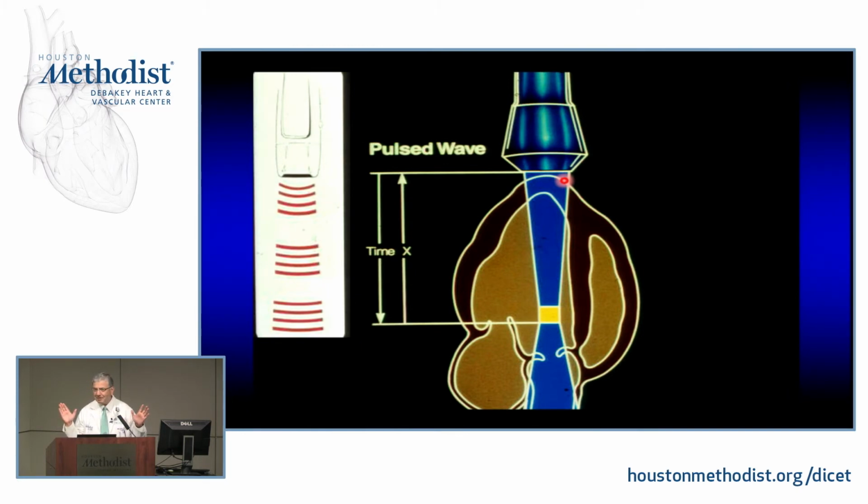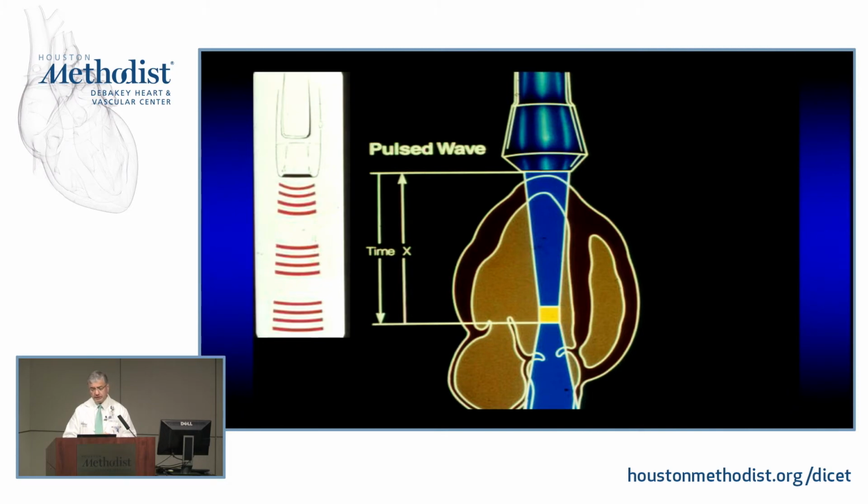Okay? So if I wait that duration, therefore I know I'm at that depth, and I listen and see what happened to the frequency shift. Did it change? Did it go up or did it go down? That's pulse Doppler. It's range gating, so I know what the gate is, and I wait in between.